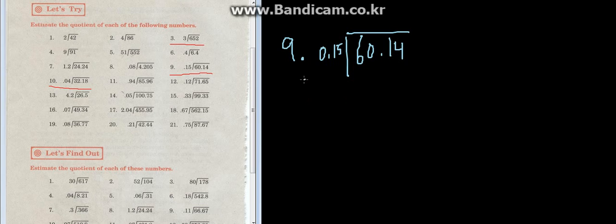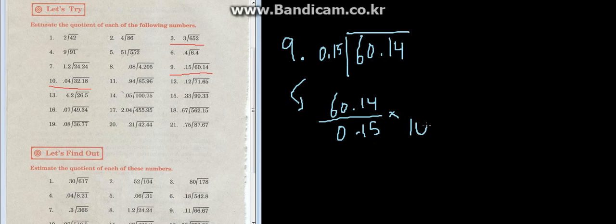Well, one method can be writing this division into fractions. So 60.14 over 0.15. Now we have to make the denominator a whole number.